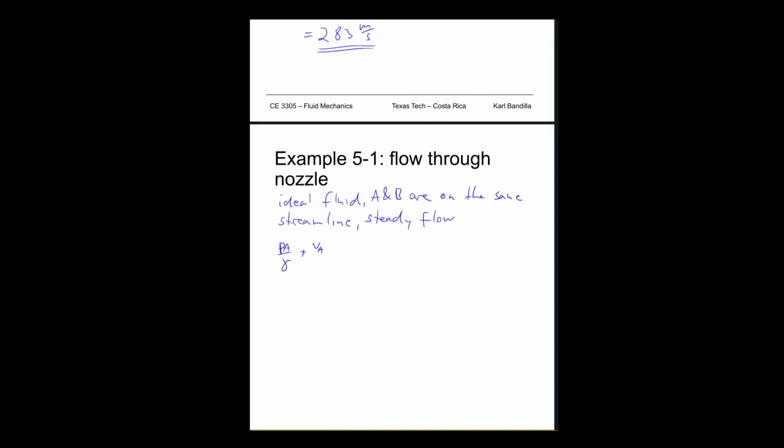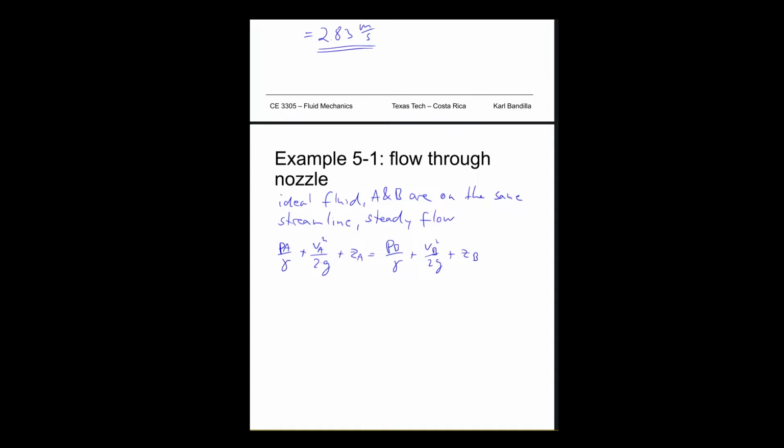Plus the velocity at A that we just calculated squared over 2 times g plus the elevation at A is equal to the same for B. PB over gamma plus VB squared over 2g plus ZB.